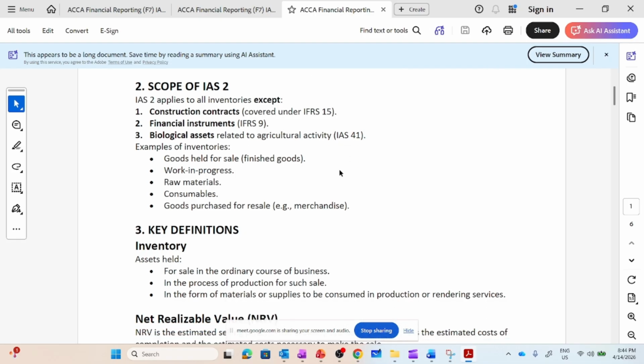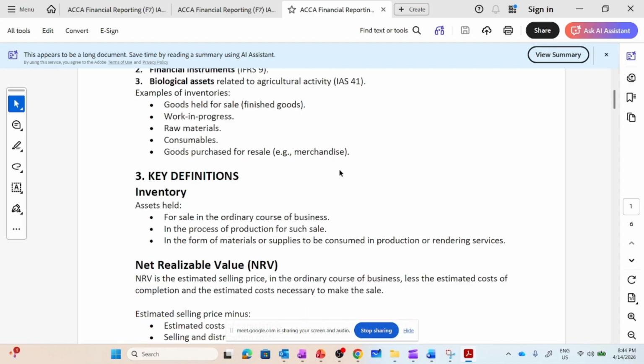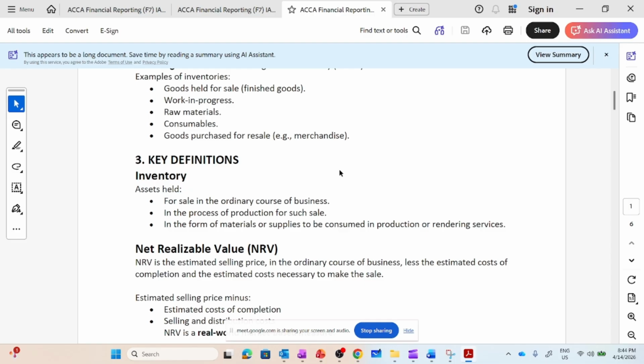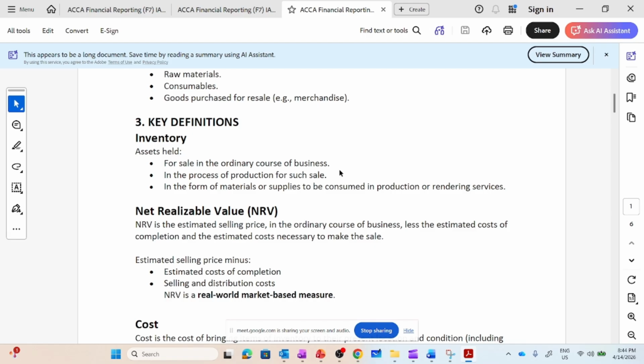Biological assets fall under IAS 41, so we are not going to use it. Examples of inventory include goods held for sale, work in progress, raw material, consumables, purchased goods for resale, whichever. So now, when we are talking about inventory, you need to know the definition of inventory.